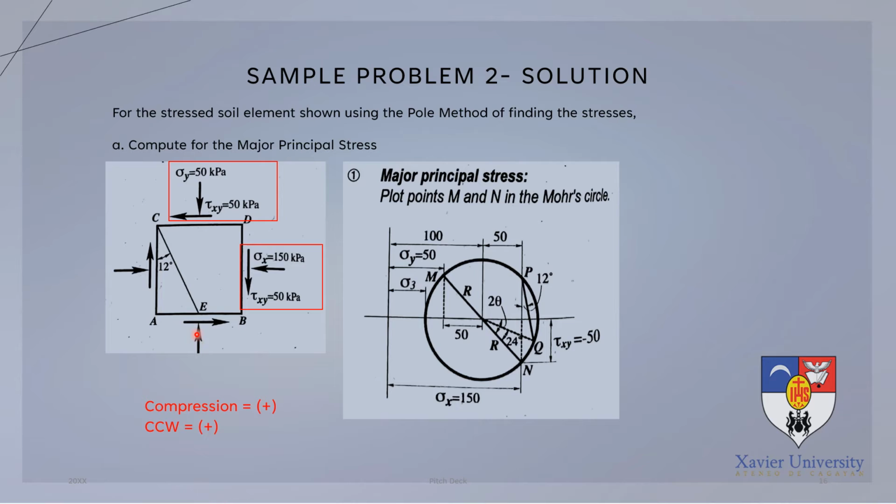Therefore, this will have a compressive effect on our plane CE, because the direction of the force is towards our plane CE. That's why it would tend to compress our plane CE. Therefore, it is compression, and it will have a positive sign.